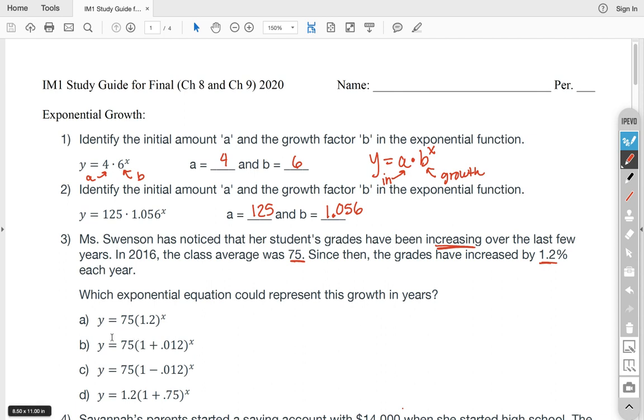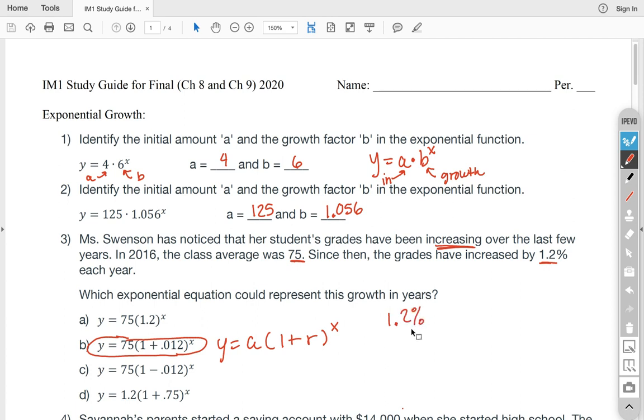So it has to be this one because the equation is y equals A times 1 plus your R, which is your rate, to the x. So that would be this one here. Your starting value is 75, and you're growing by 1.2%.